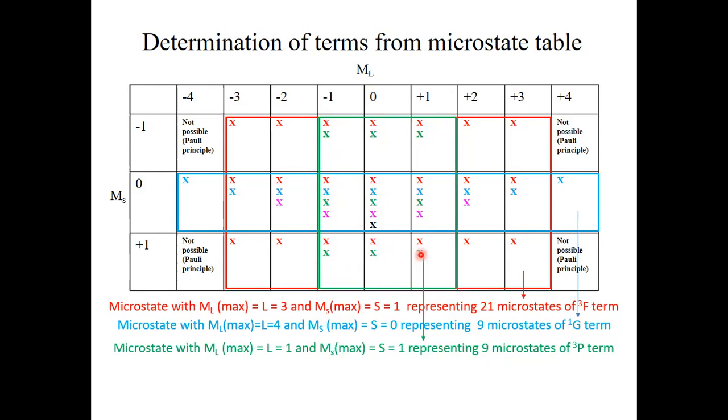Let's look at the term that has the greatest ML value. So that's in this case +1. So which is the greatest MS value of these 3 that we can consider? Well, this must be this one here, because this one has the highest value of +1. The 2 other ones would have the values 0 and -1.